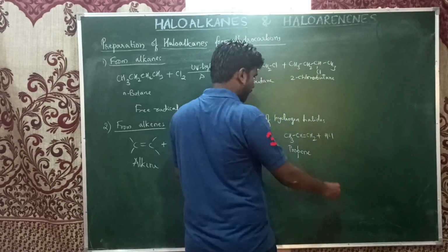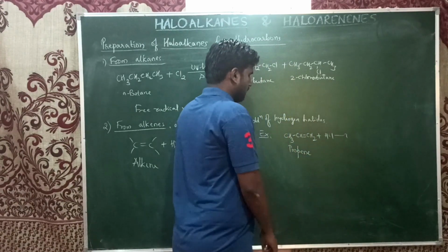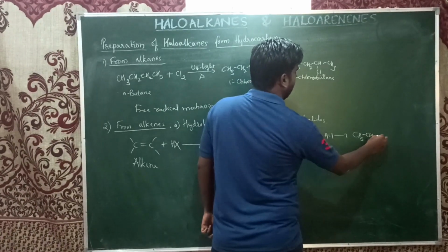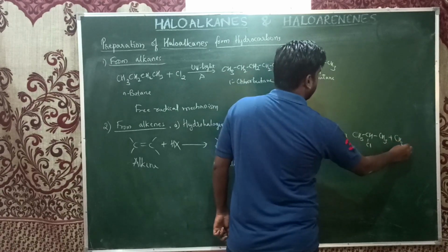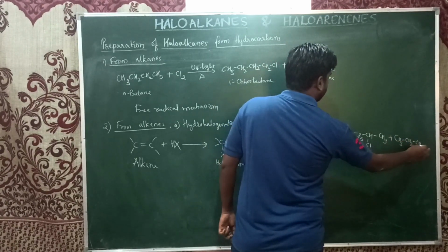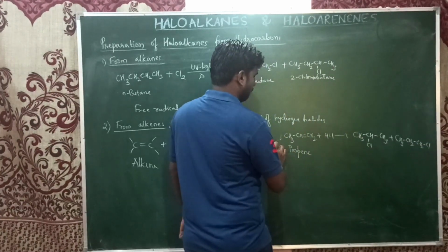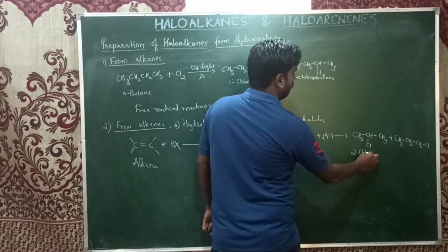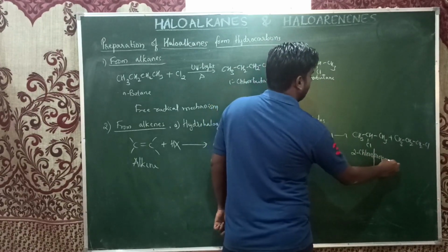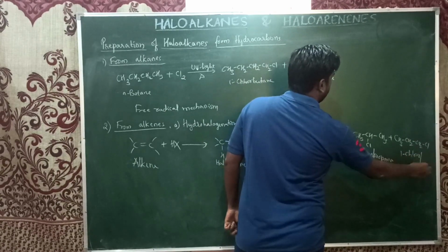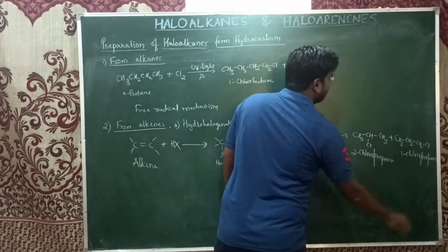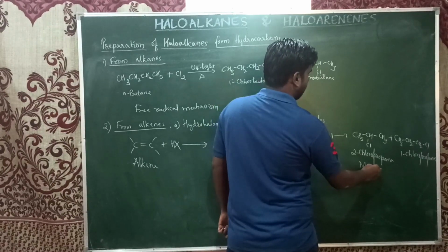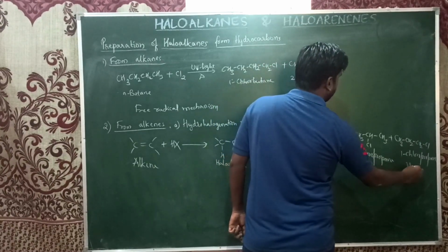Here we are going to get a mixture of CH3-CHCl-CH3, which is 2-chloropropane, and CH3-CH2-CH2Cl, which is 1-chloropropane. So we get a mixture of 1 and 2-chloropropane, and as you all know, 2-chloropropane is the major product and 1-chloropropane is the minor product.